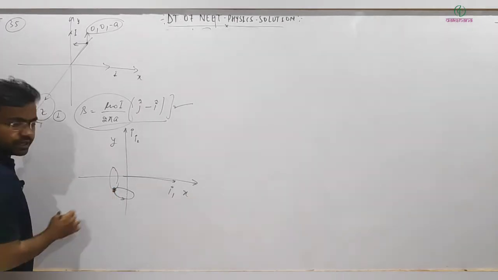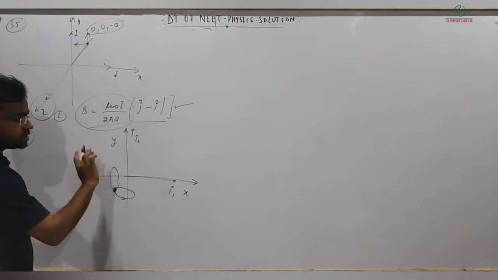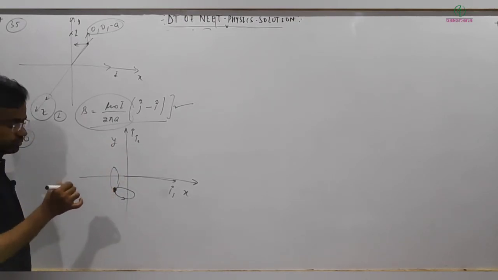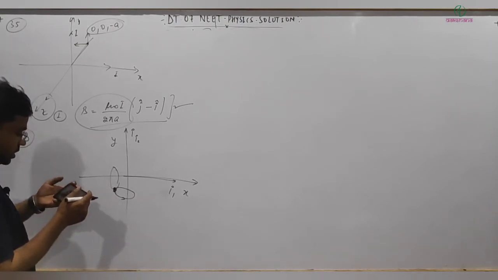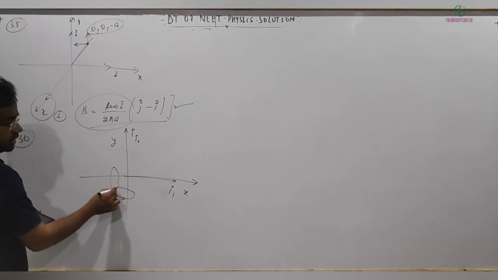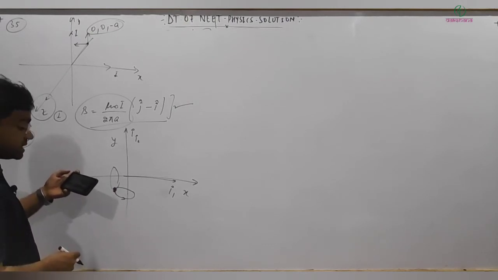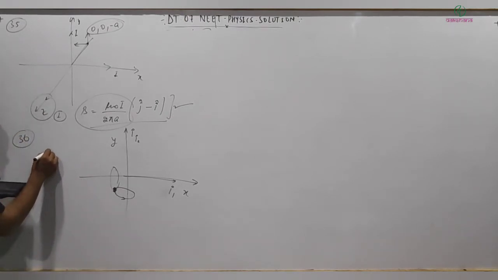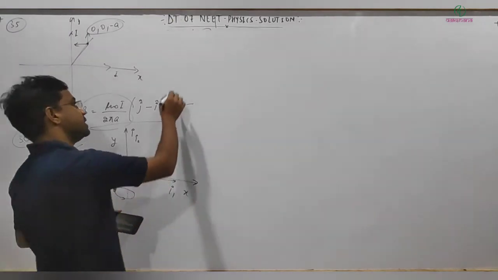So there is a possibility that the field will be 0 here, and if I take different radii, I will get all the points where the field will be 0, forming a straight line. So the locus of points where B is 0 is a straight line, since no other points will satisfy this.